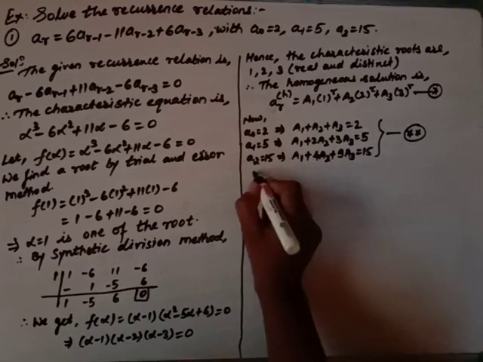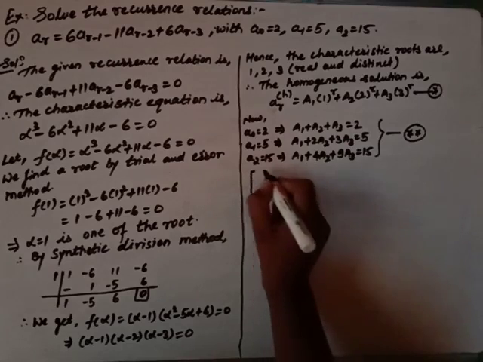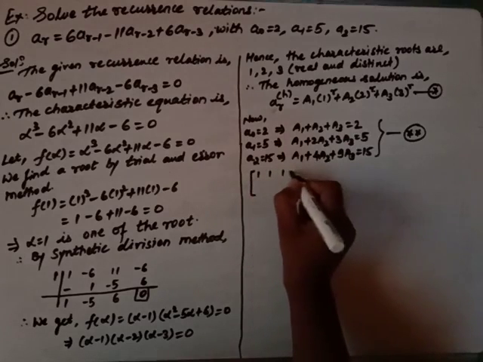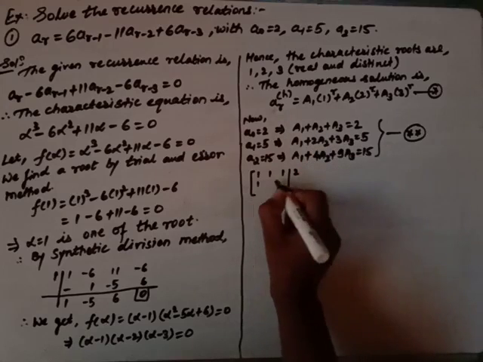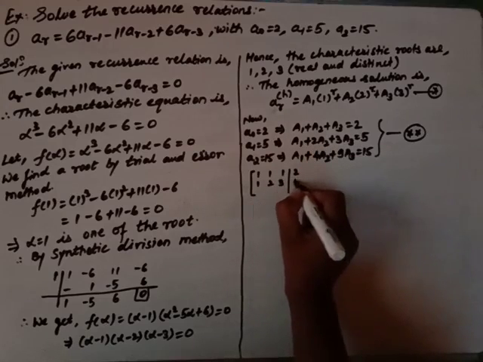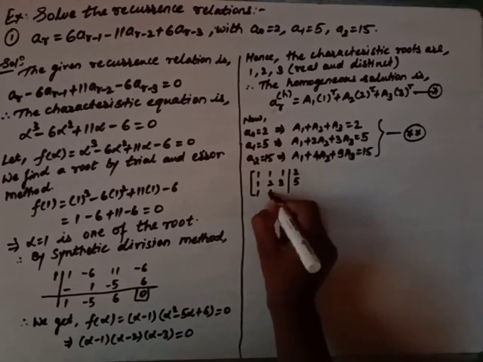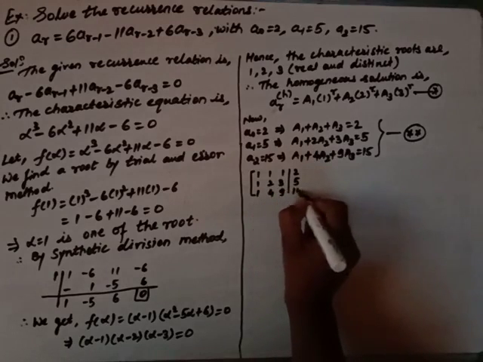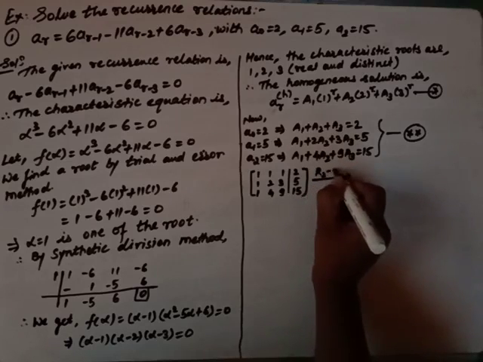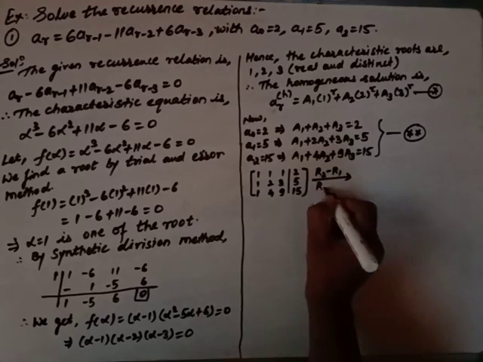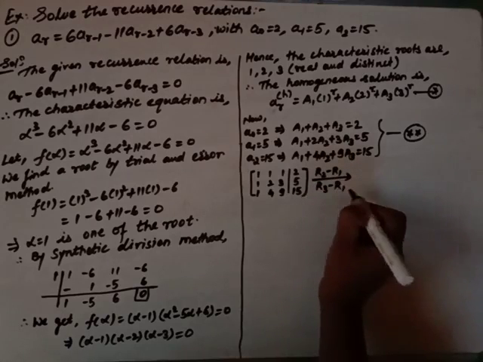So this one can be written in matrix form as 1 1 1 and augmented matrix 2, again 1 2 3 5, 1 4 9 and 15. Now let me reduce this one into row echelon form. So R2 minus R1 and R3 minus R1 I have to do.